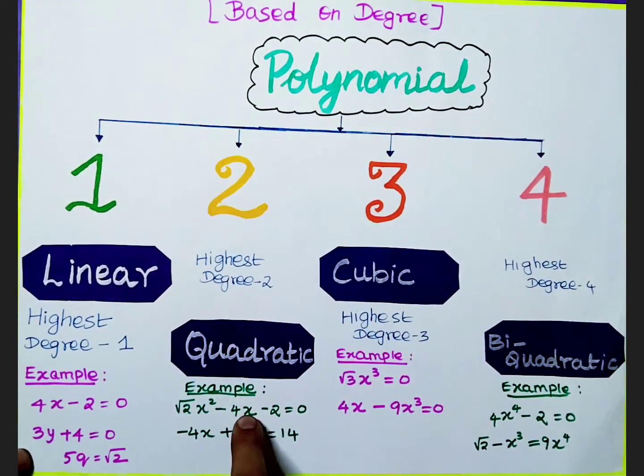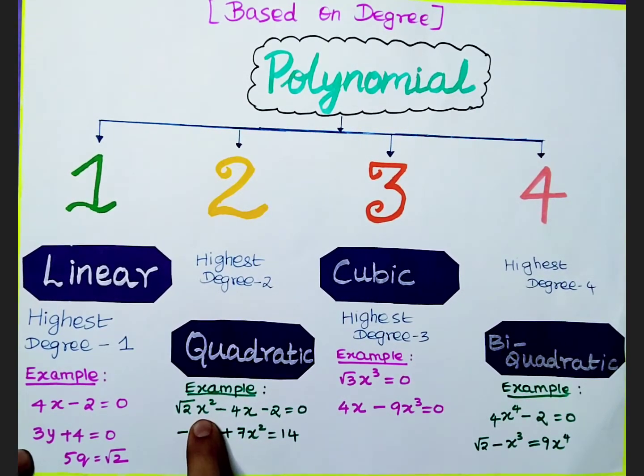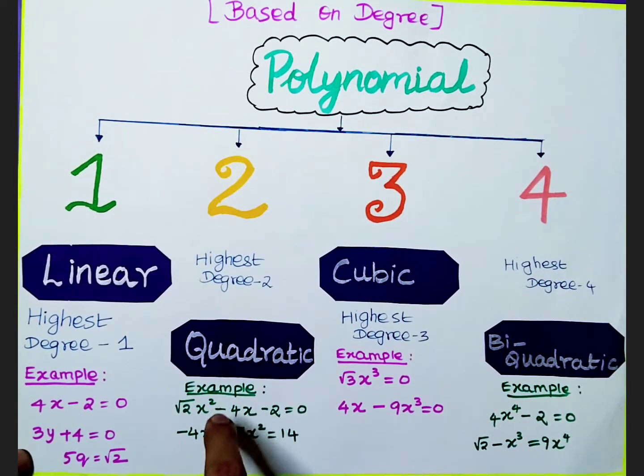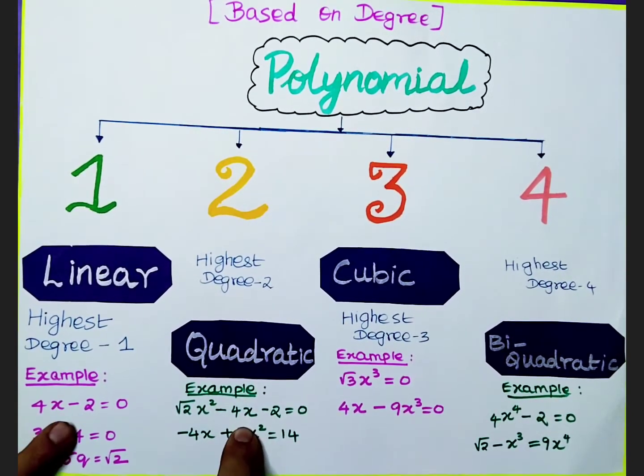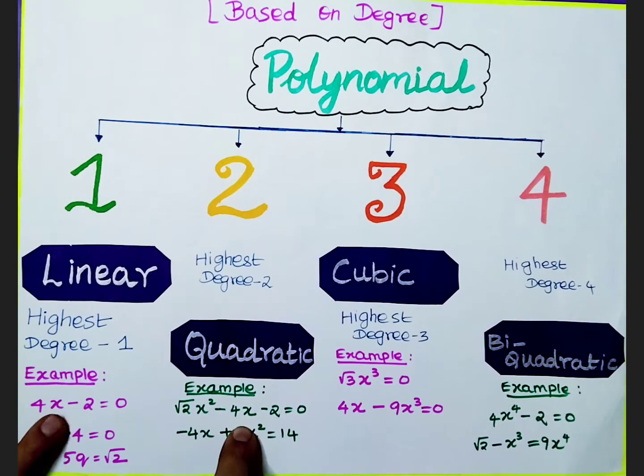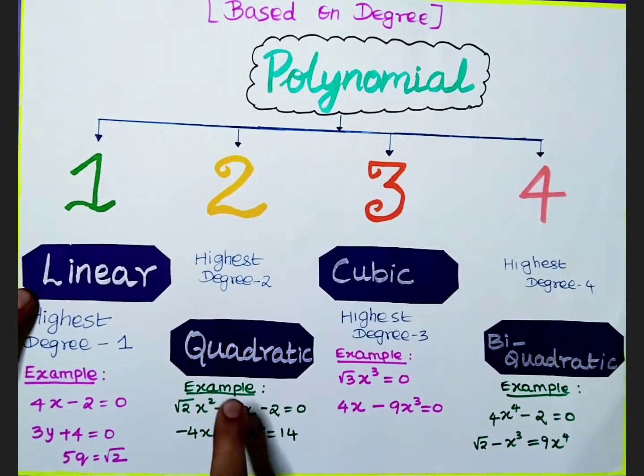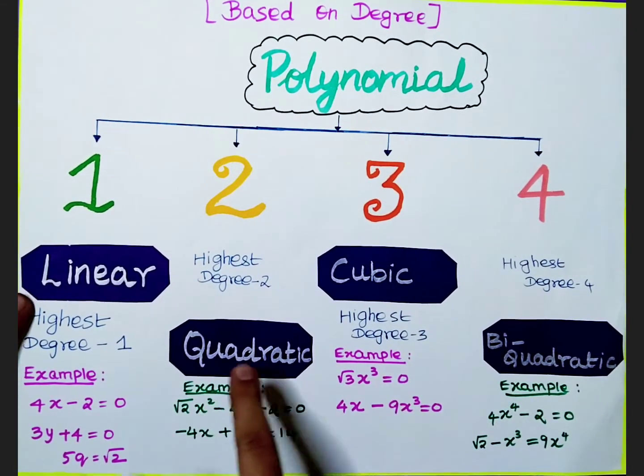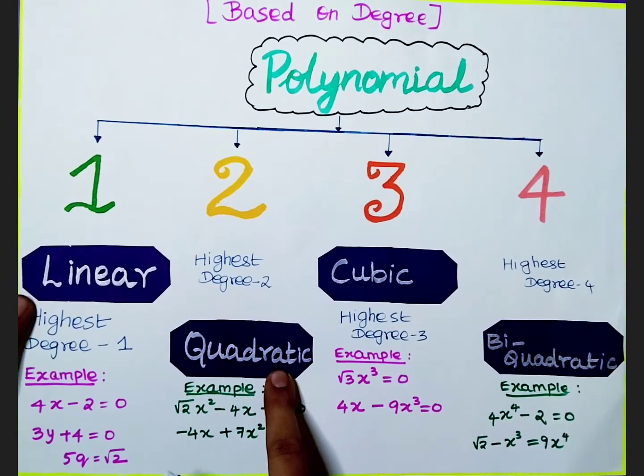So if we check the degrees, here it is 1, here it is 2. Which is the highest? Yes, 2. So then quadratic polynomial. Here if you see, the highest degree is 1, so it is linear. Here it is degree 2, then it is quadratic.